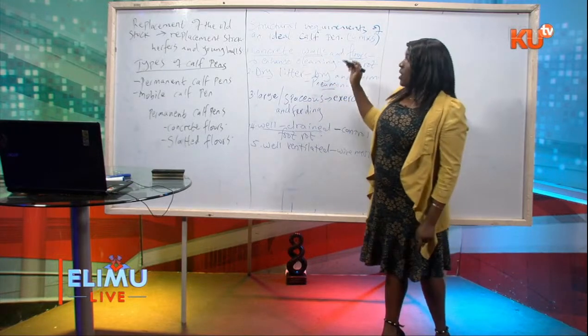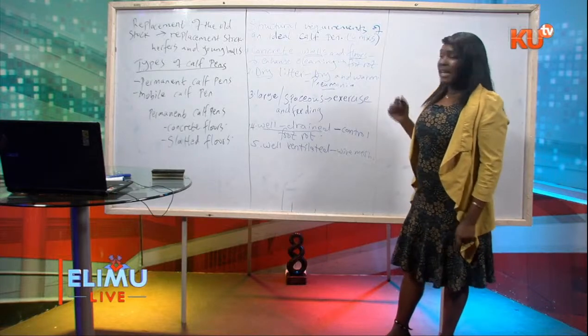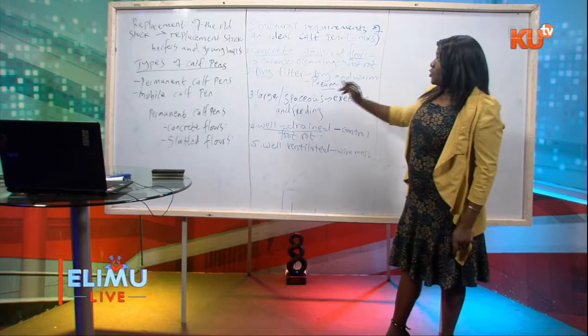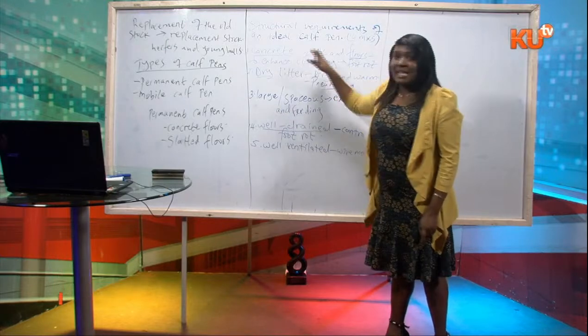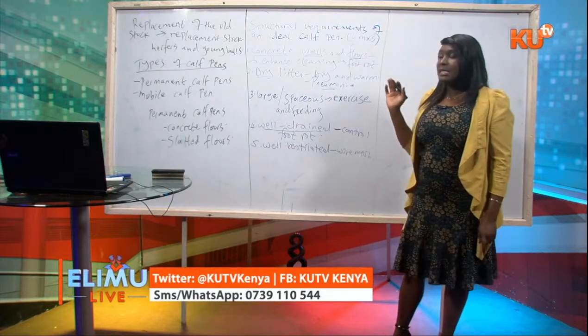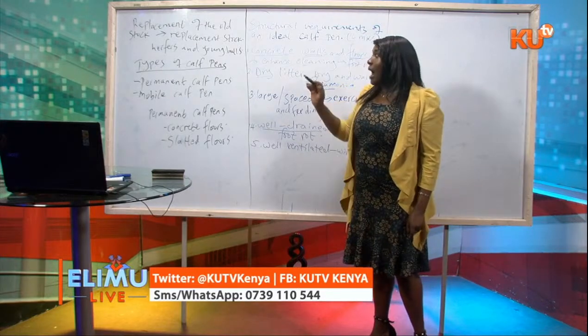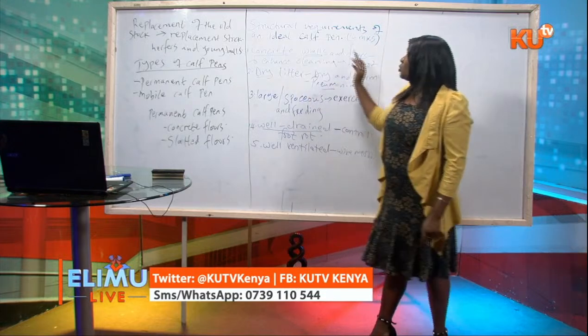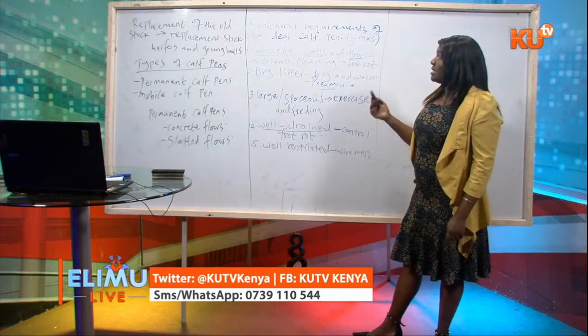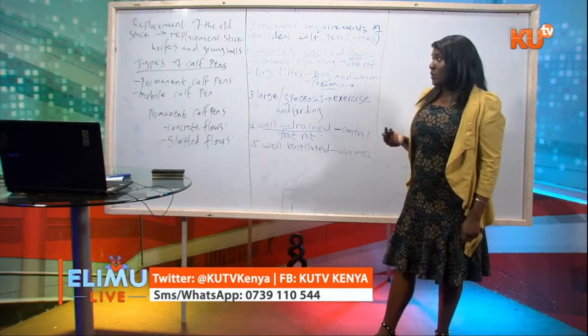We are going to highlight the mistakes that most students make when answering this question. Majority just state concrete walls and floors and they proceed. This particular question requires 2 parts. There's the part on the concrete walls, and then you proceed and tell us why we need the concrete walls and floors.